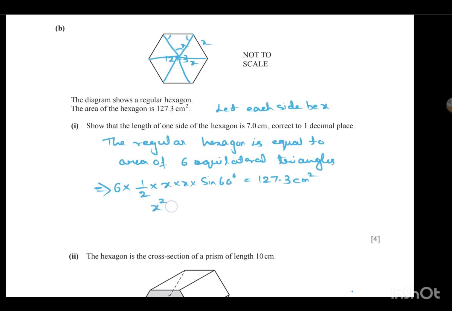Keeping x square here, let us bring all the numbers to the right hand side. x will be square root of this whole thing.